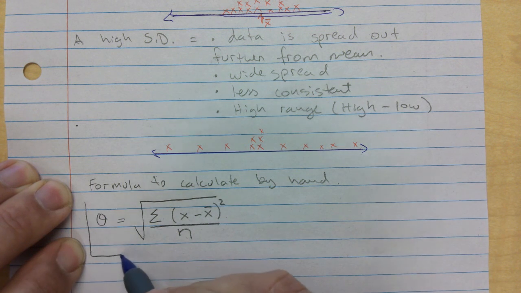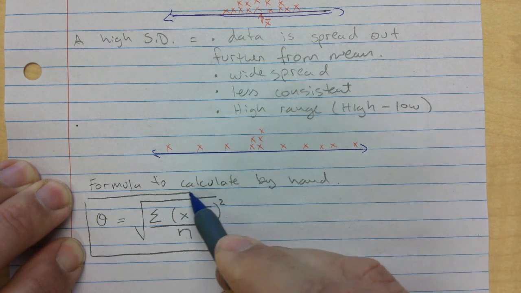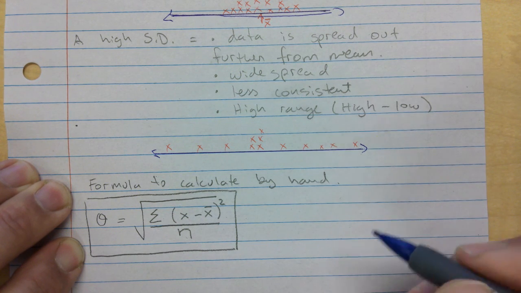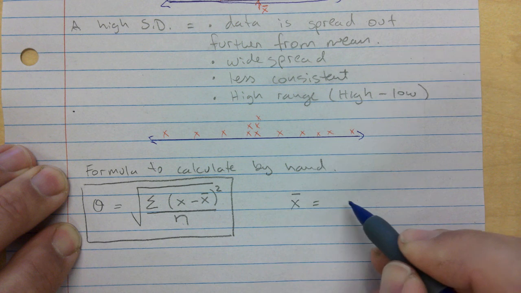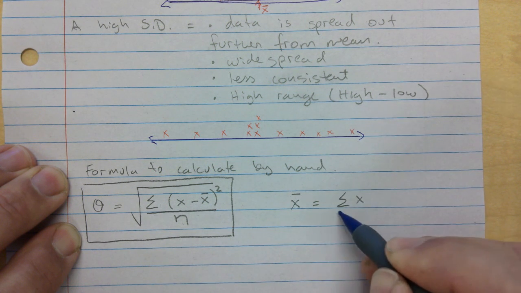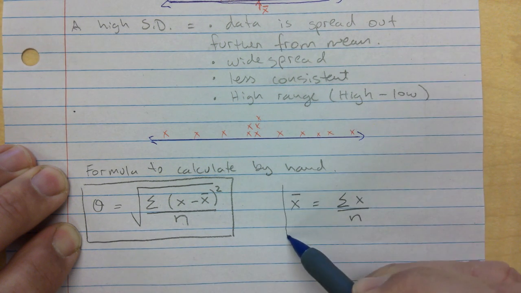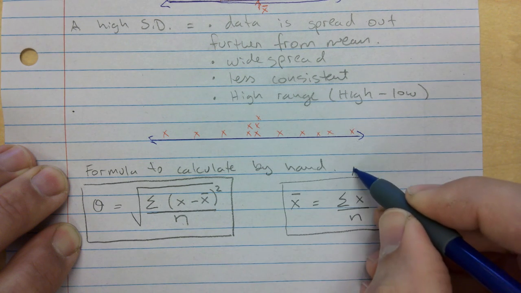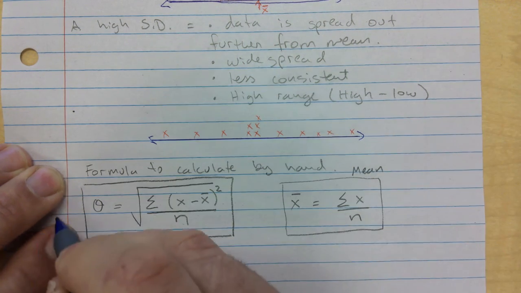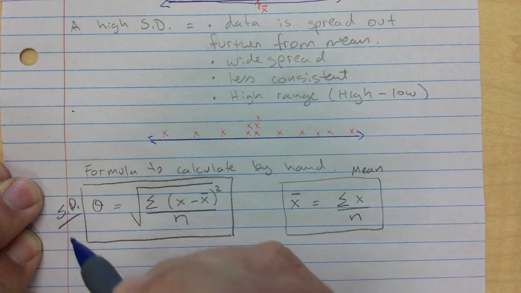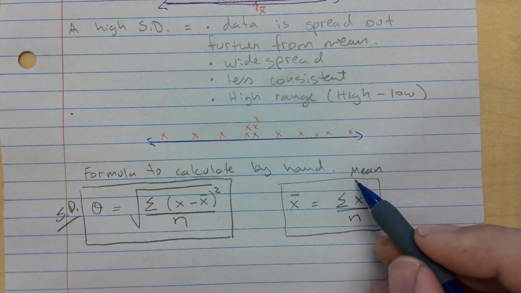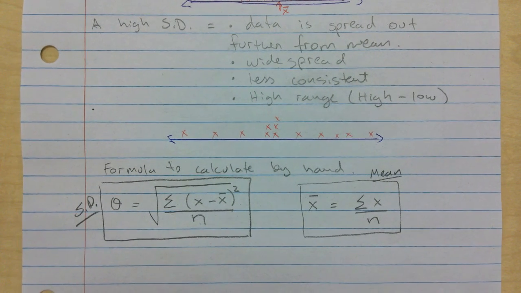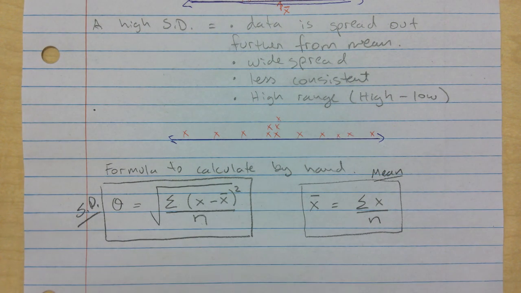This is the formula for standard deviation. And the average is the sum of all values over n. So this is the mean, and this is standard deviation. So we have our mean, we have our standard deviation. It's scary looking, I know, but it's not that bad. You'll see.